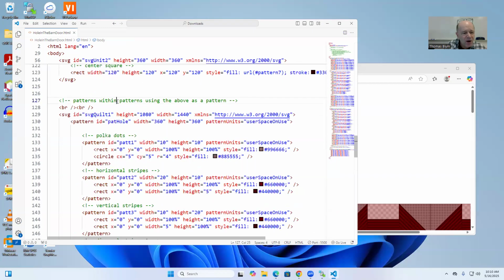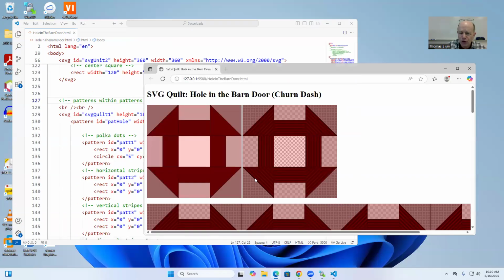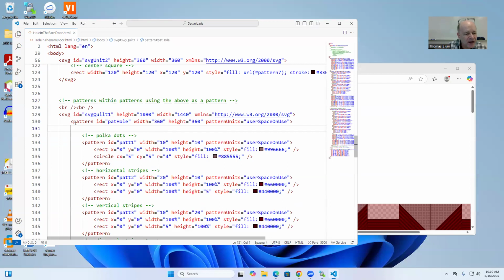Now I'm going to make that whole unit a pattern. So there will be these little patterns, and then I'm going to make this whole big thing a pattern and repeat it. Starting with line 130 here, I have this big pattern I'm calling pat hole, the hole in the barn door pattern.